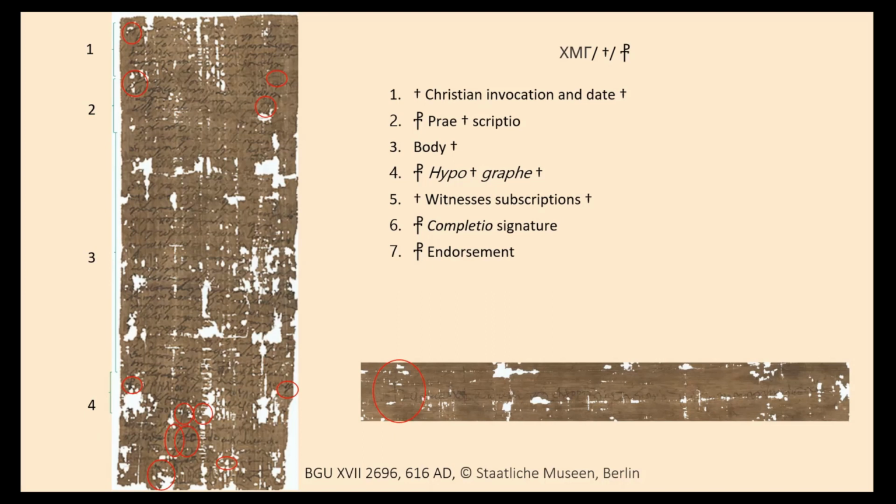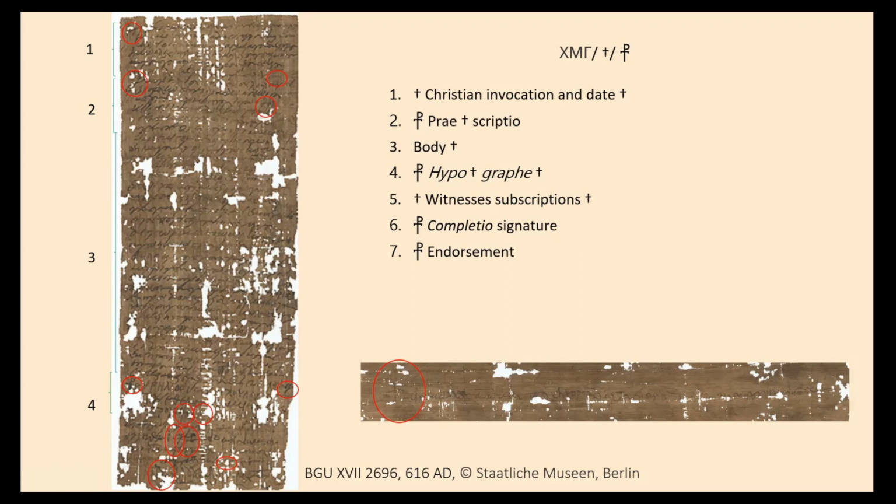The final way in which those Christian symbols were applied to distinguish various sections of the document can be seen on papyri from the 7th century, like the one here, where almost every section of the document was preceded and ended by a Christian symbol.